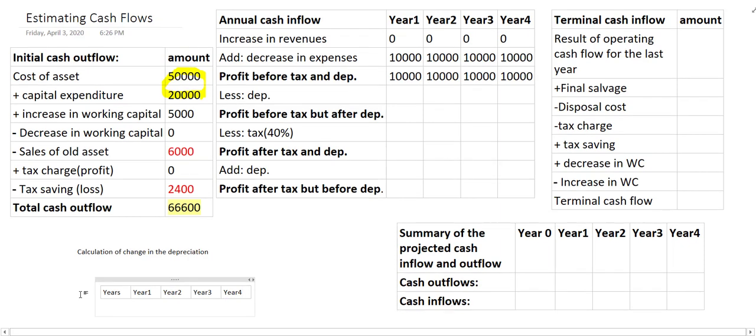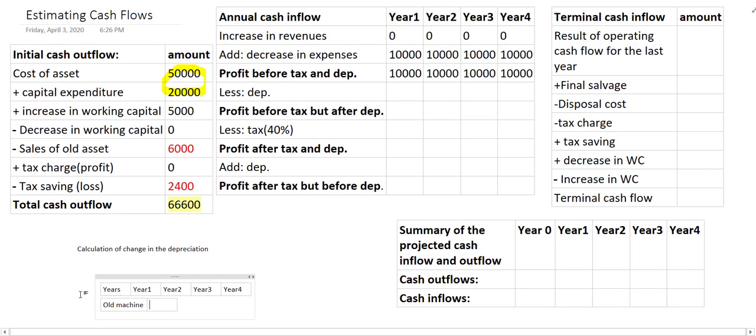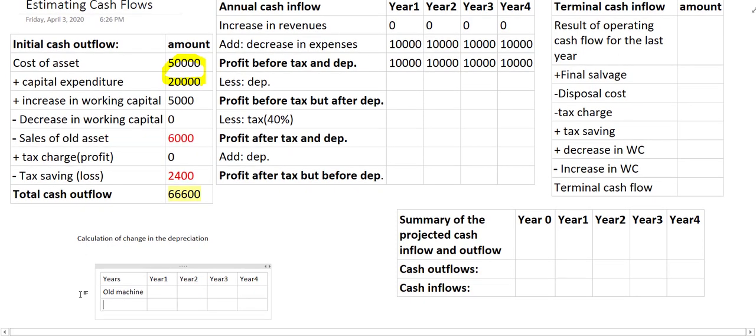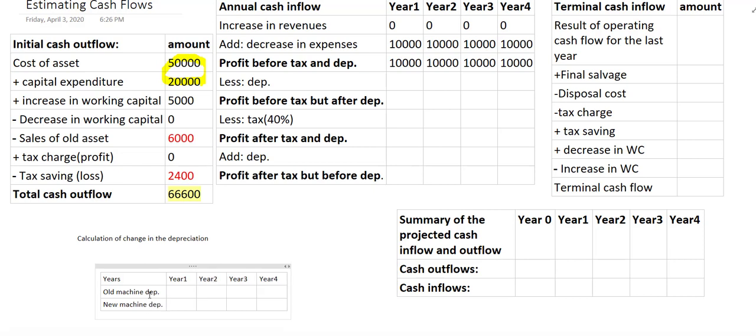And of course, mention the old machine: year one, year two, year three, year four, and also mention the new machine. It means old machine depreciation, mention depreciation as well, DEP, and as well as mention the new machine depreciation.